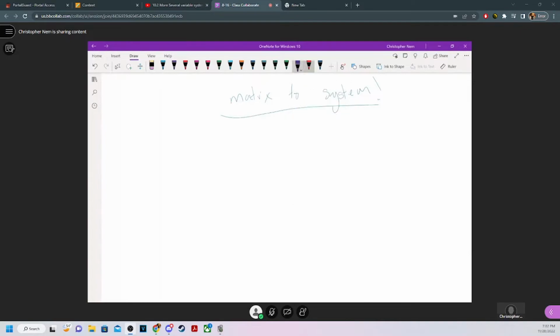Let's see if we can just do one problem, just to make sure we're on point with this. Let's do 1, 2, 0, 4, 3, 0, 1, 5, 6, 8, 0, 1, 2. You put it in row echelon form.